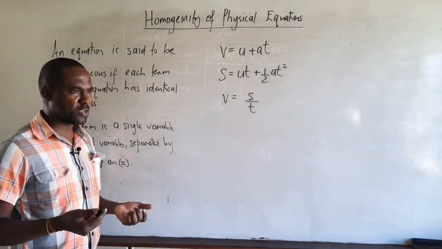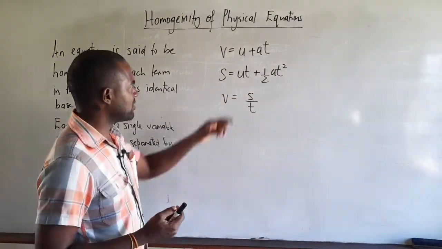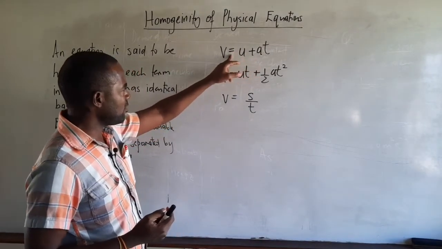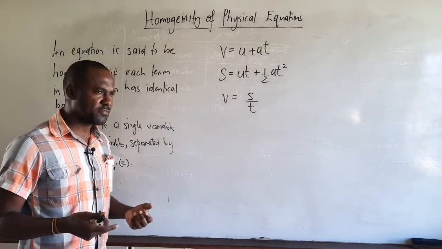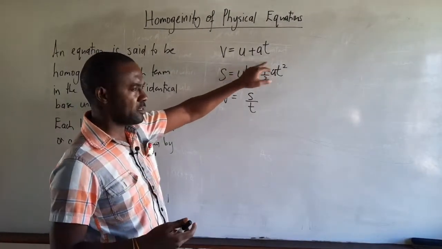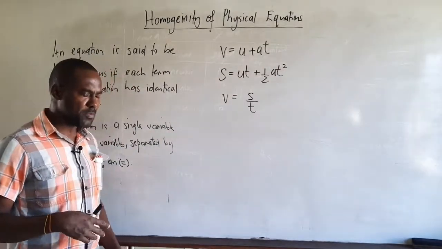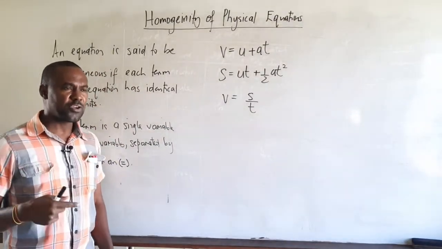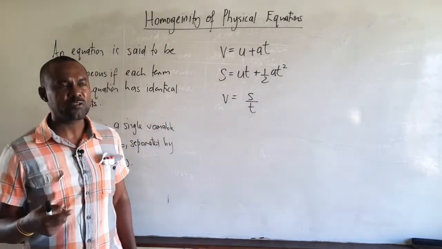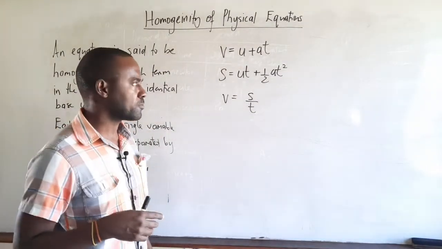Similarly, in the first equation, there are 2 plus signs and an equal sign. So 2 plus 1 gives us 3. So therefore there are 3 terms, v, u, and at. So the first part of being able to check if an equation is homogeneous is to be able to determine exactly how many terms are in the equation, right?